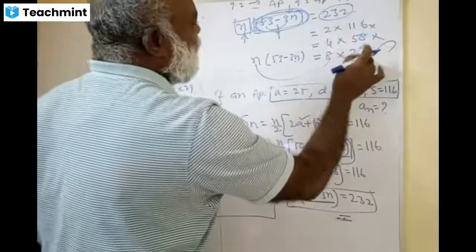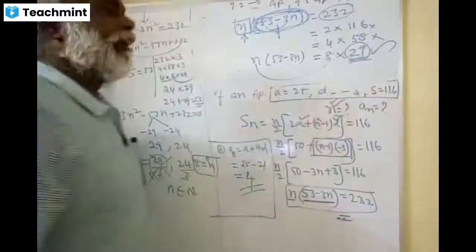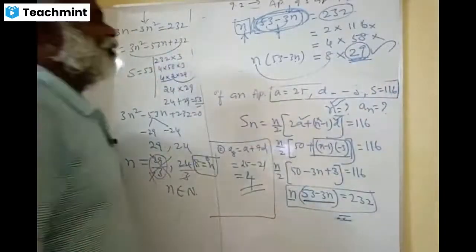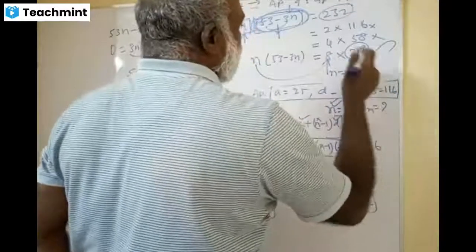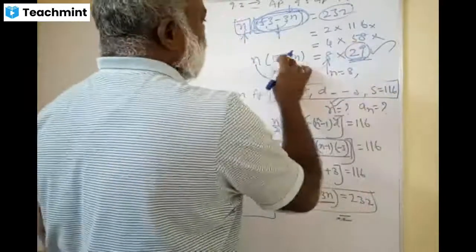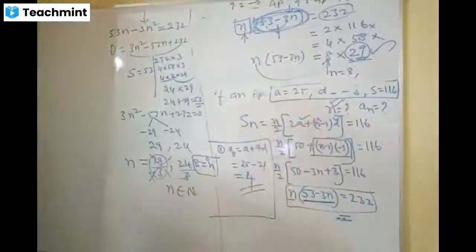Here only you get less than 53 minus. Therefore, 8 into 29 is absolutely right. Therefore, n is 8, and this is 53 minus 24, which is 29. Wonderful. So n is 8.